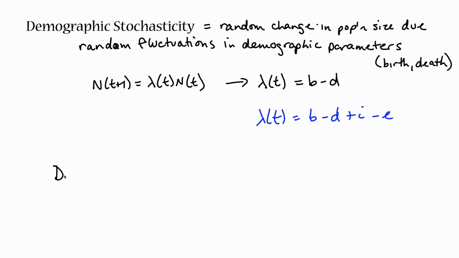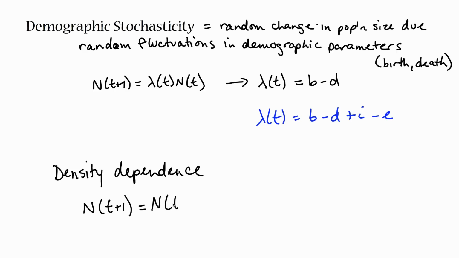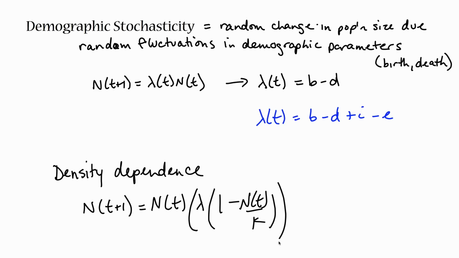I'd also like to point out you can have stochastic density dependence. In a density dependent model, n at time t plus 1 is n at time t times some density dependence term, lambda times 1 minus n at t over K, for example.